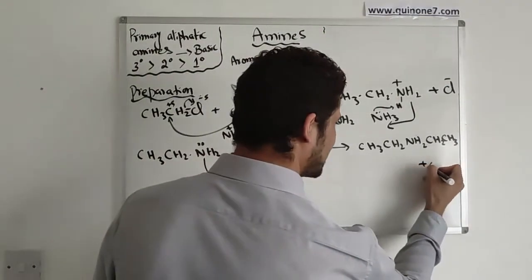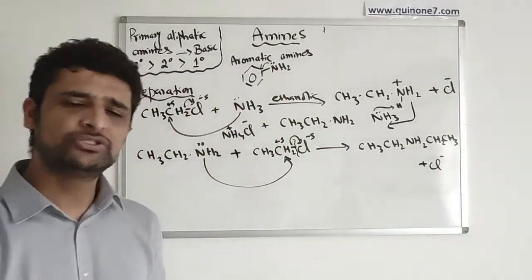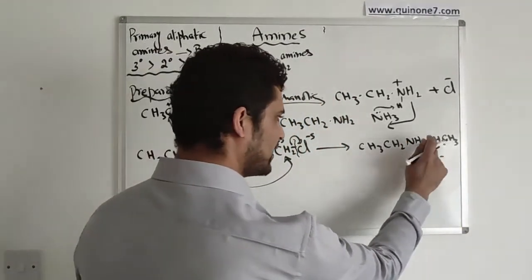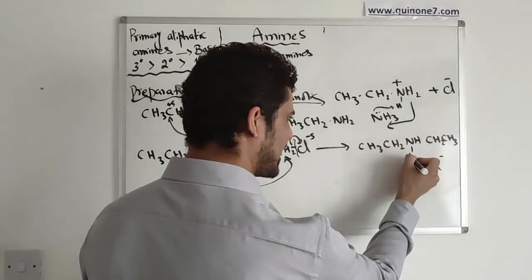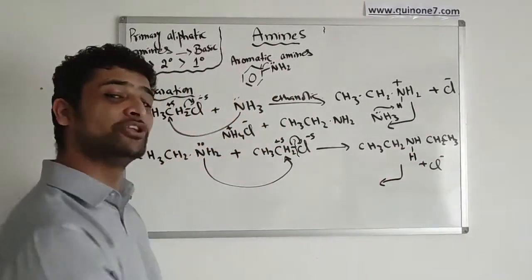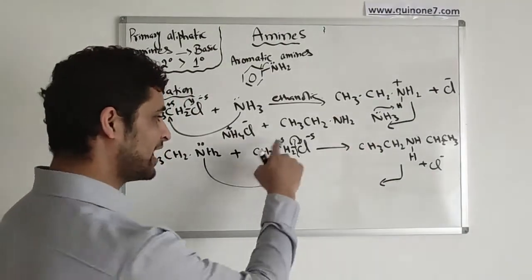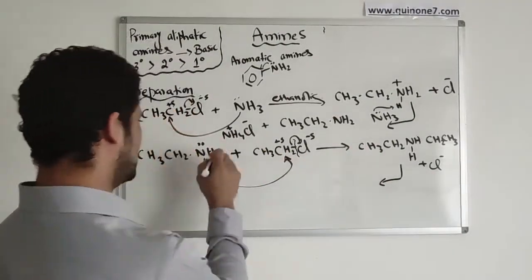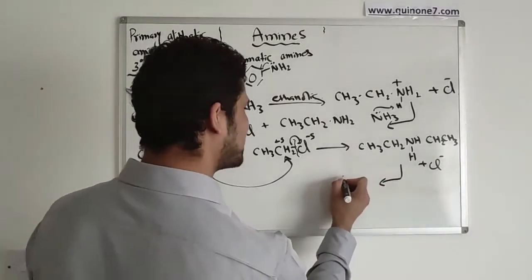So you will have chloride ion in the solution. Now, based on this, obviously, you can write this one down as hydrogen, and that will be attacked by your reactant, not by ammonia. So you will have your reactant there, which is obviously one of these primary amines. So primary amine will attack.